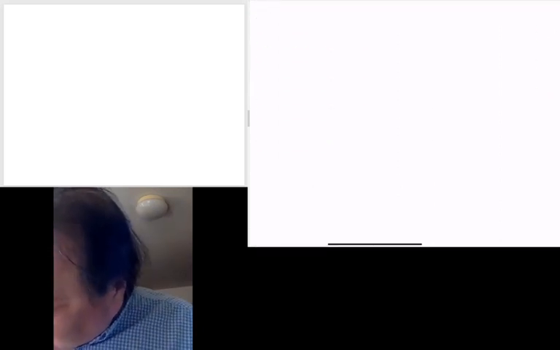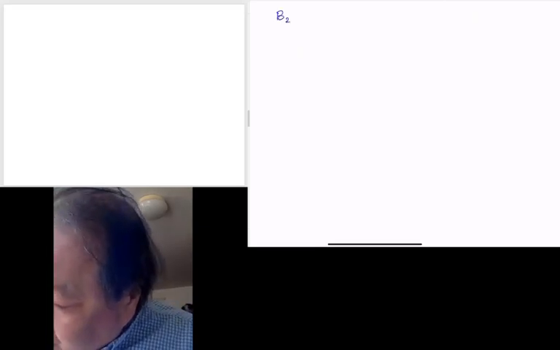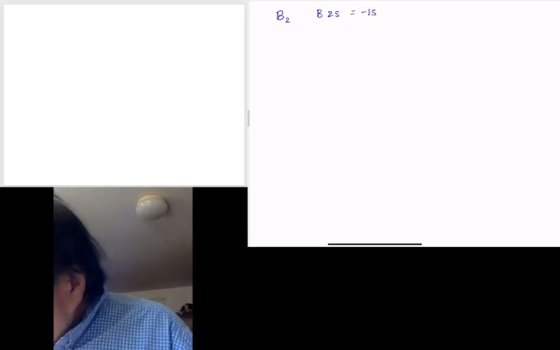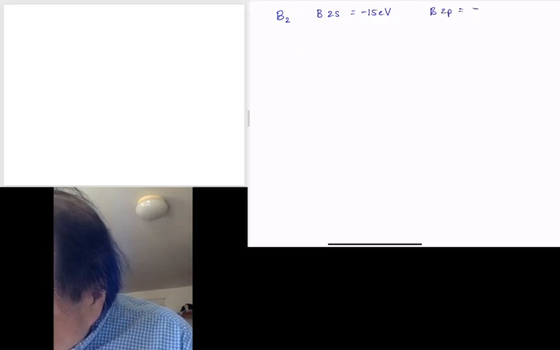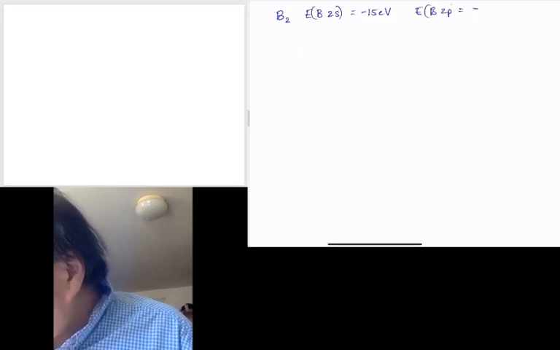We have a lot of goals in mind, and first thing we need to know the energies. Boron 2s is minus 15 EVs. Boron 2p, the energy of these orbitals, is minus 8.5 EVs.